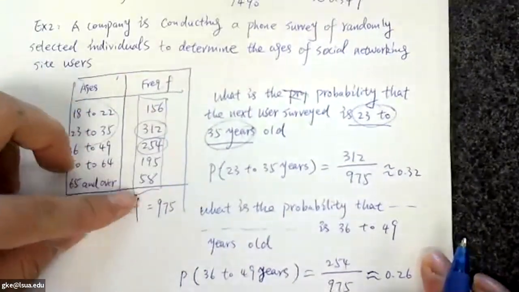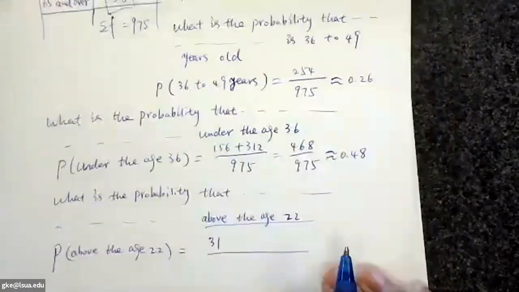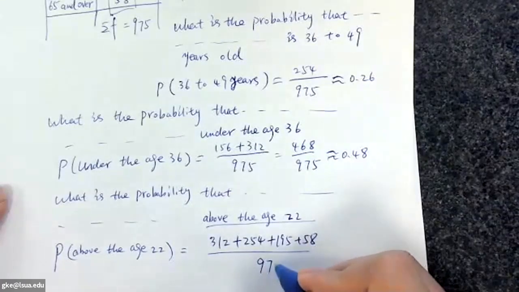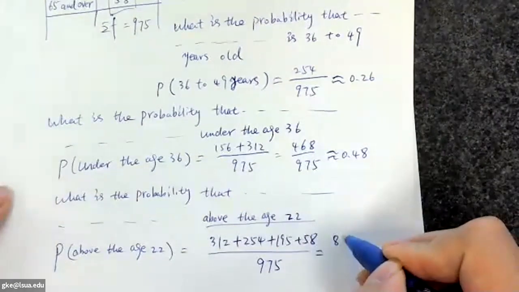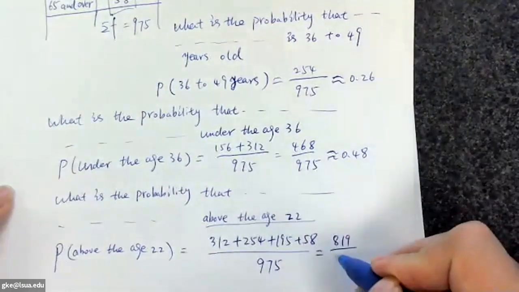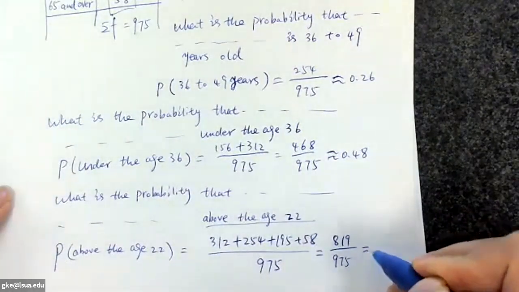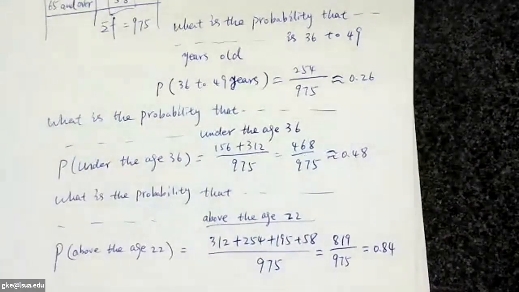So we're gonna add all these values together. The denominator is gonna be 975. If we add it together, you're gonna get 819. And divided by 975, you're gonna get 0.84. Okay, 0.84. That's it.